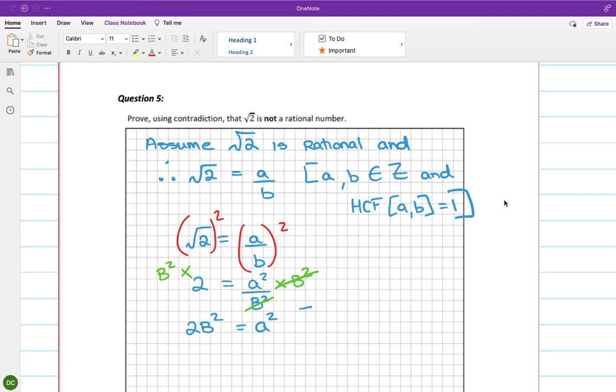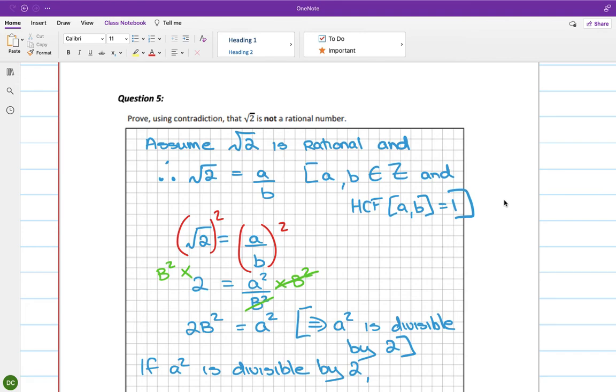That tells us that a squared is divisible by 2. And if a squared is divisible by 2, then a is divisible by 2.